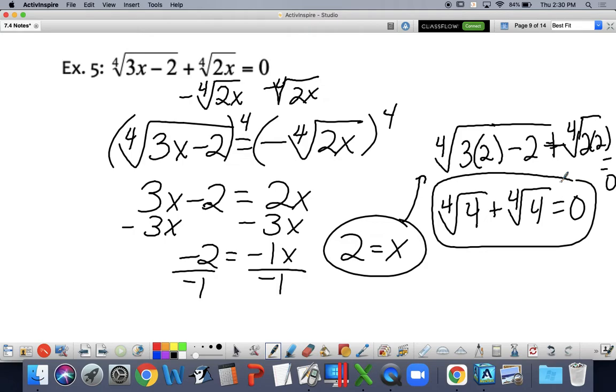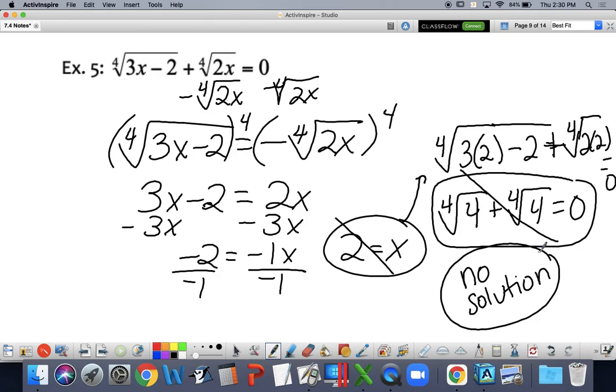We've got a positive decimal number plus another positive decimal number. Can that ever equal 0? No. Right? A positive plus a positive is not equal to 0. This can never happen. You can put it in your calculator, right? So unfortunately, after all is said and done, the answer to this problem is no solution.